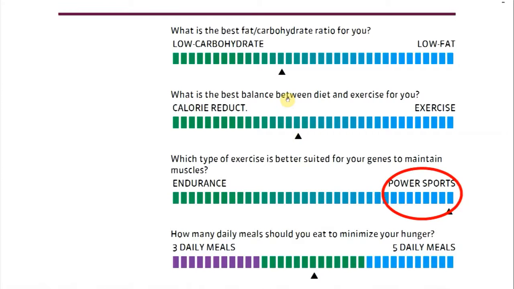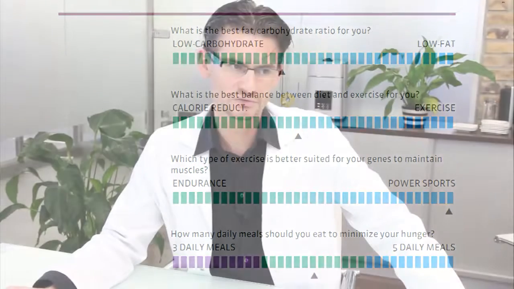So if your arrow is here, it means you need to do more power-oriented sports, weightlifting, circuit training, anything that requires you to use full strength. And if your arrow is here, you should do more endurance sports, so treadmill and things, anything that just keeps you going continuously. So you should really balance the kind of sports that you do depending on where this arrow is to maintain your muscle mass. You don't only want to lose weight, so the number on the scale goes down, but you also want to maintain an athletic body, so that's important.